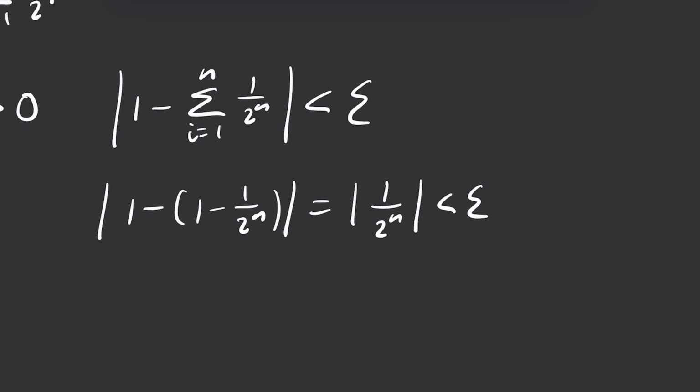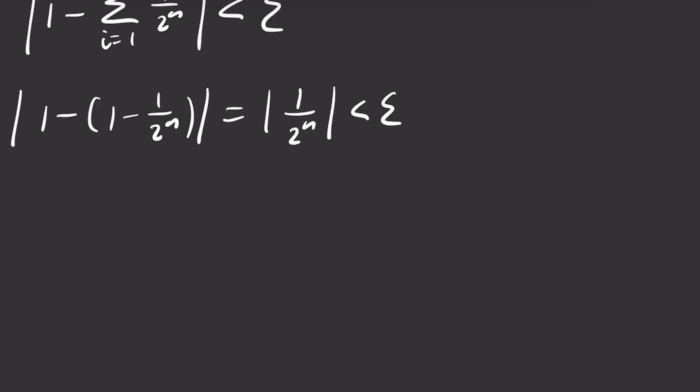And that's kind of the point, right? I can think of some number, epsilon. I can make it like 0.0001, and I can always think of an n that's large enough that will make this whole fraction smaller than epsilon. I can think of infinitely many n's that will satisfy this inequality.